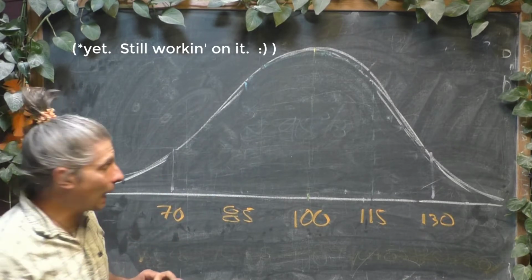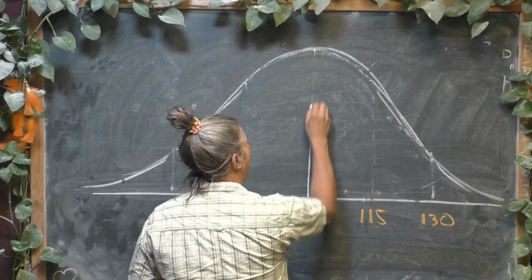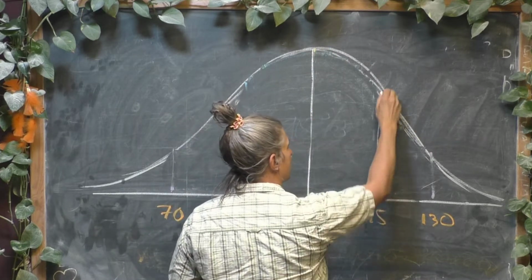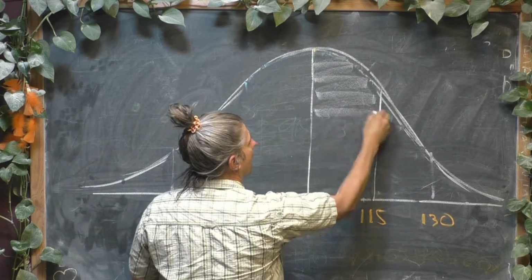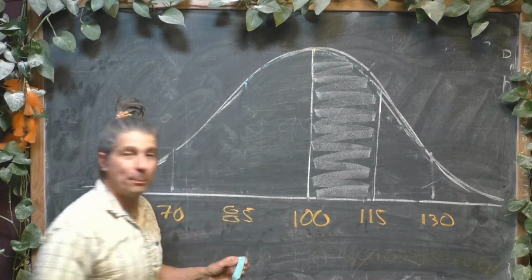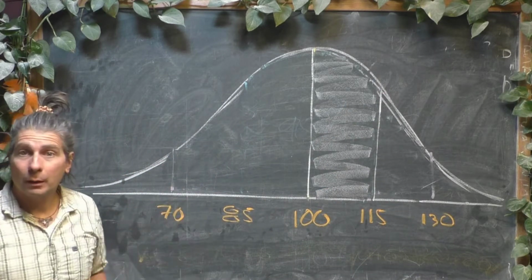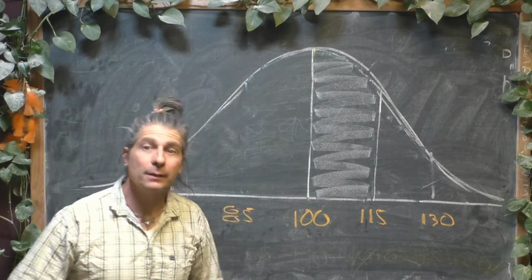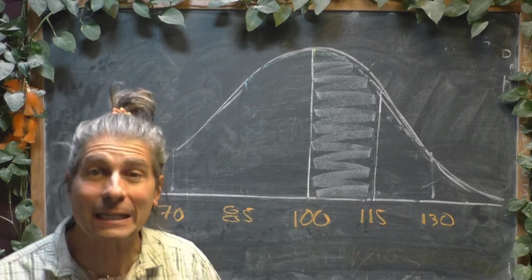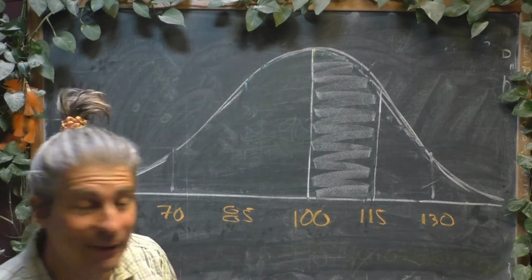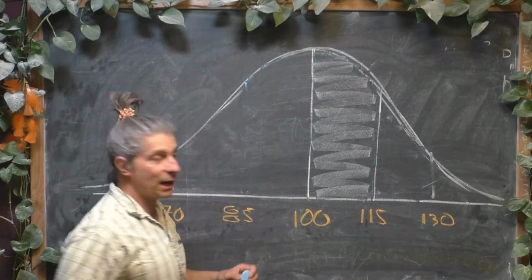Okay, we got to get between 100 and 115. And I want to know what percentage of the graph that I just shaded, which would relate to what percentage in the population have IQs between 100 and 115.